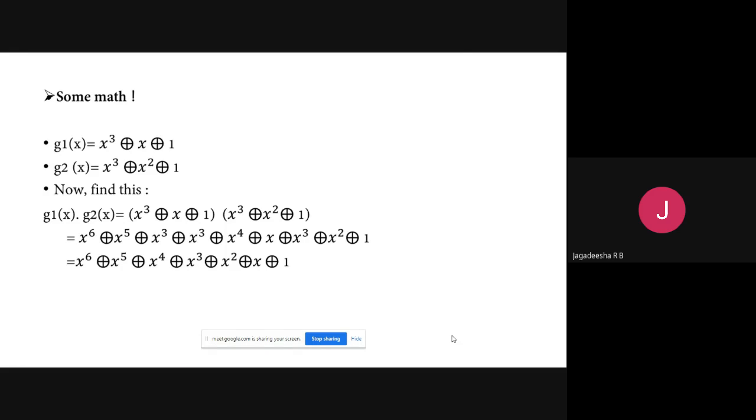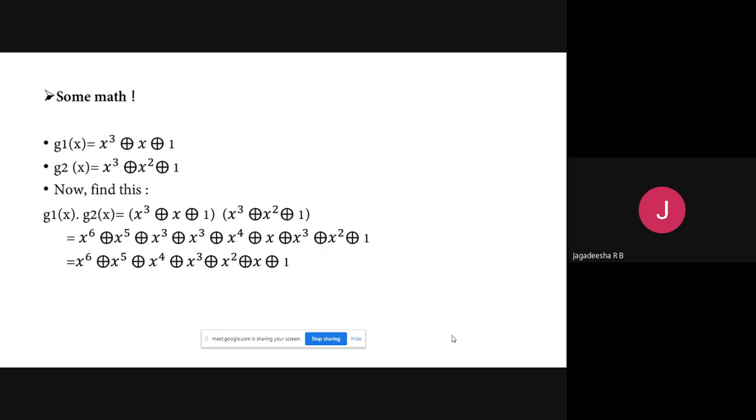X cube, right? You need to be careful regarding addition. Addition here indicates a mod 2 addition or logical addition. So you cannot write x cube plus x cube plus x cube is equal to 3x cube. You cannot write that way. X cube is basically a logical number, maybe 0 or 1. So in that way, you need to think.